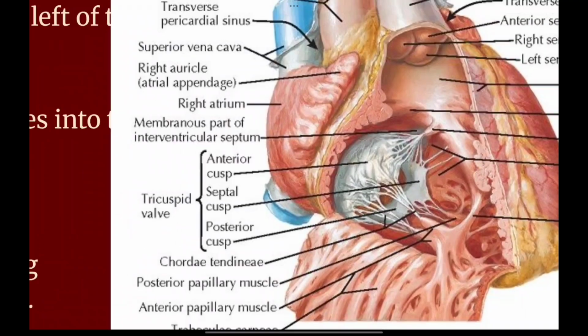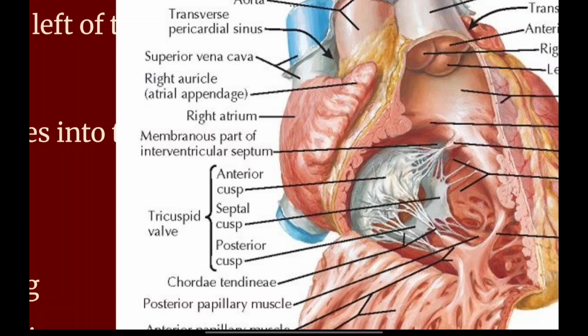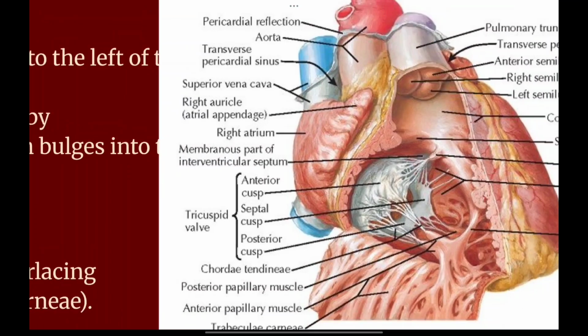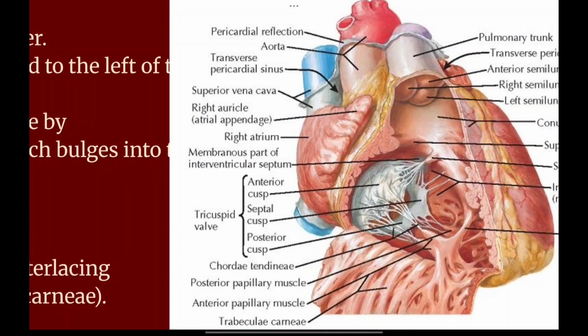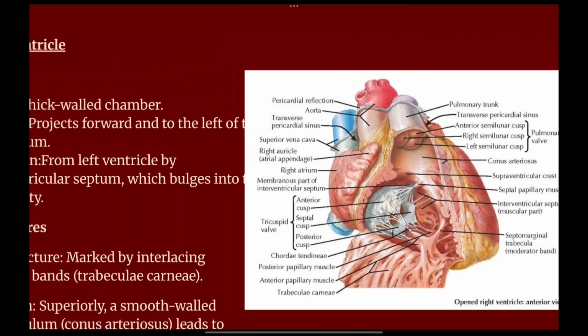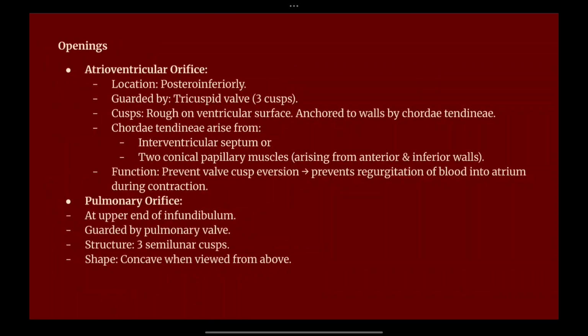You can see this network, like a spider web, which is called the chordae tendineae. The extension or protrusion from the muscle to the chordae tendineae is called the papillary muscle. Now we'll see where the chordae tendineae arise from. They arise from the interventricular septum or from the two conical papillary muscles arising from the anterior and the inferior walls of the ventricle.